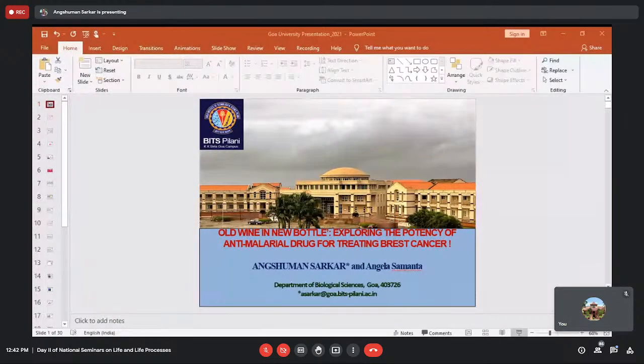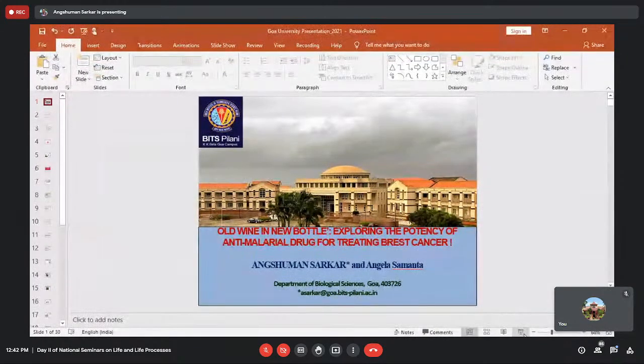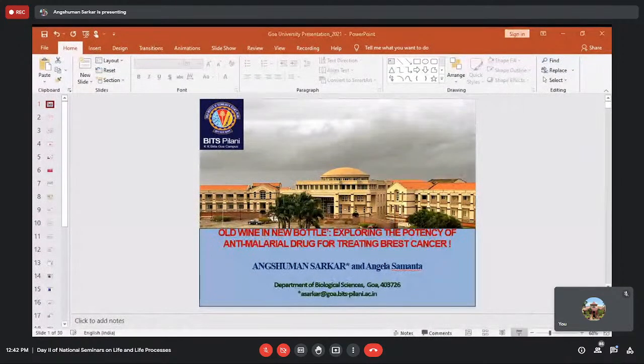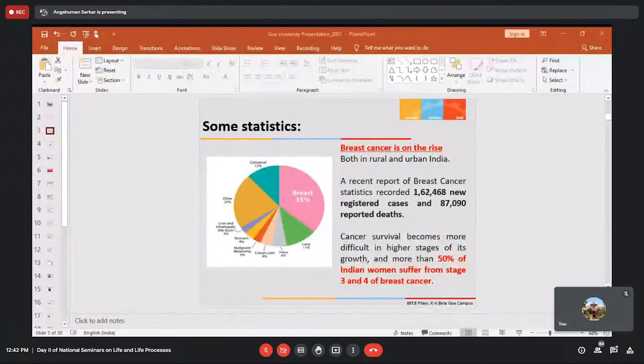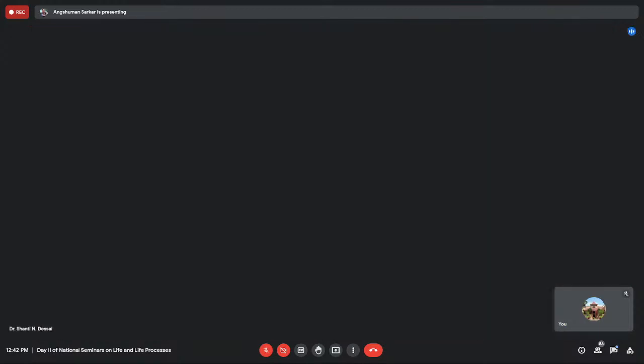Is it a full screen now, the slide? No, it's in slideshow, sir. Are the slides changing? No, sir. Can you just go back to your slides and go to the slideshow tab on the first ribbon. After animation, there is a slideshow.